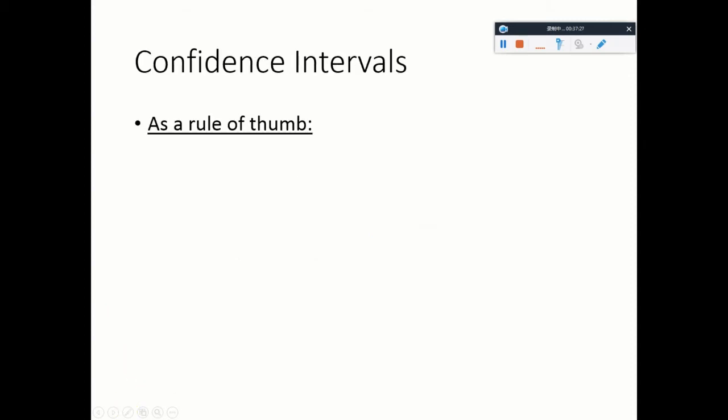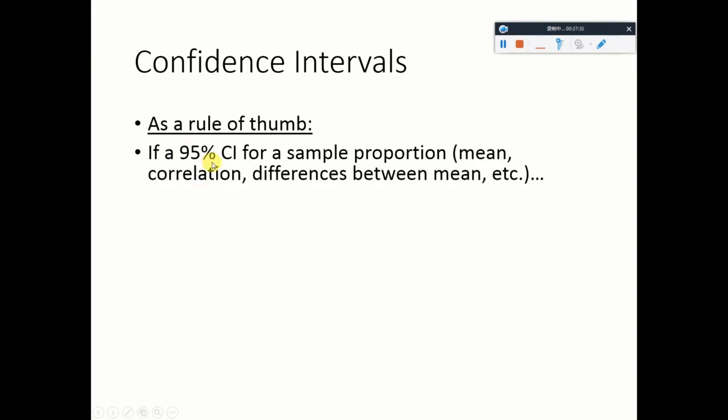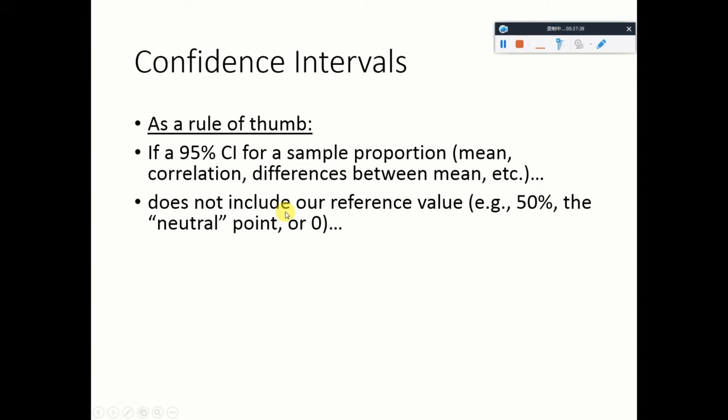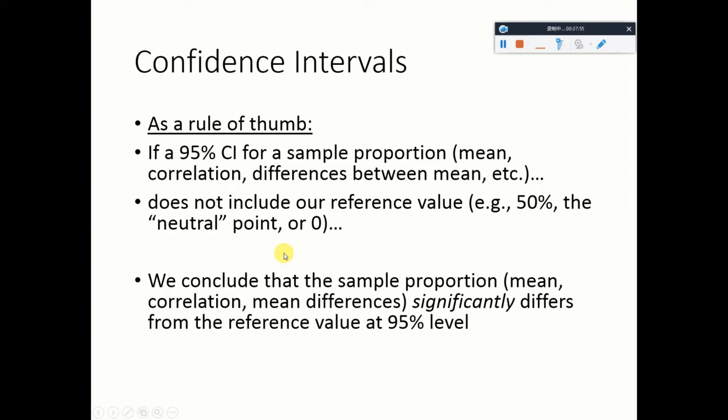So now we can have a rule of thumb. If the 95% confidence interval for a sample proportion or sample mean or any kind of statistic does not include the reference value, it could be 50%, which separates majority from minority, or the neutral point, or 0, whatever, then our sample estimate is meaningfully different from the reference value at the 95% level.